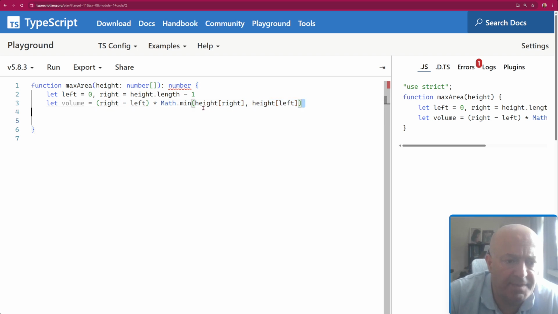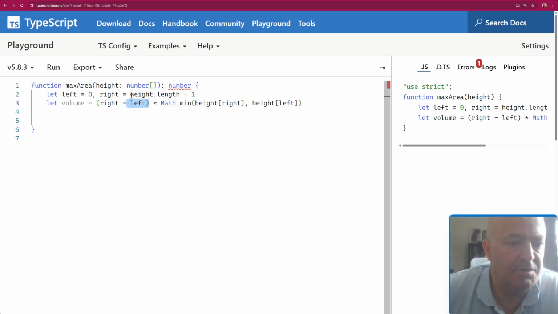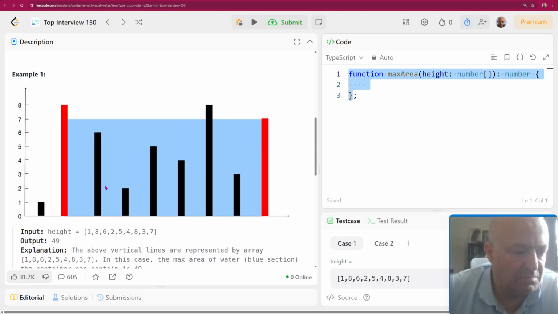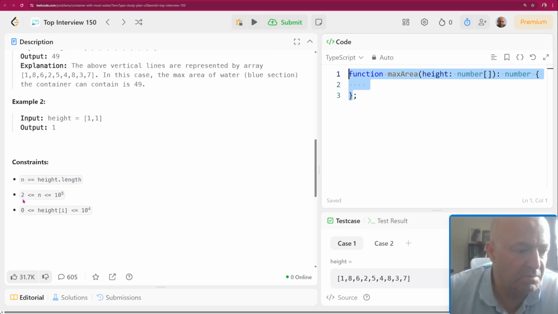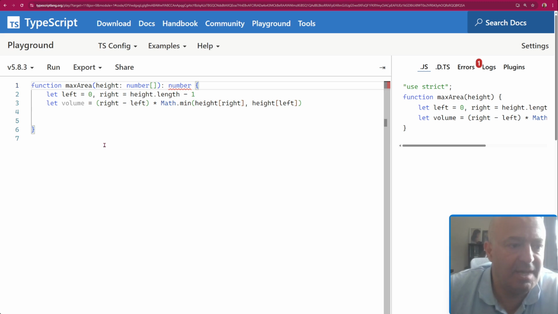Now, first of all, if we have 0 elements, what's going to happen here? This will be minus 1. So we have to have at least 1 element. Do we have that assurance? We have at least 2 walls. For 1 wall, this is fine because left and right will be looking at the same element.